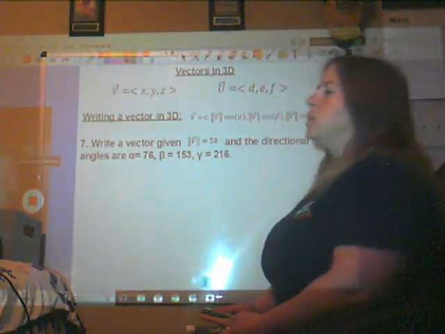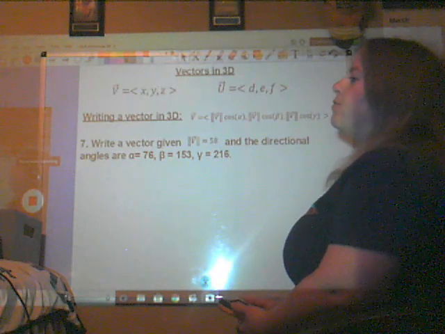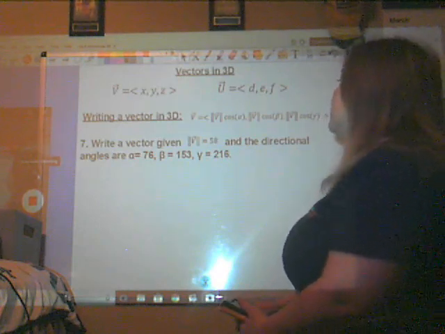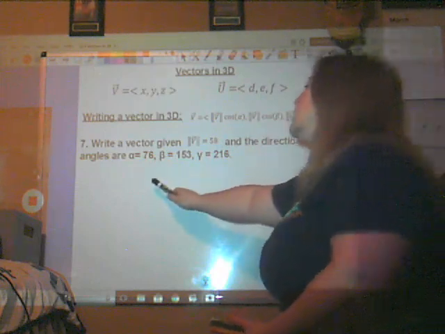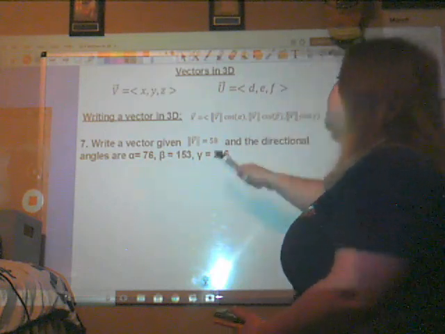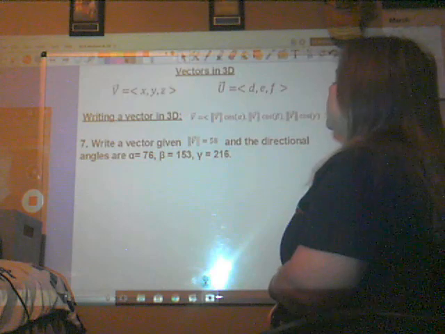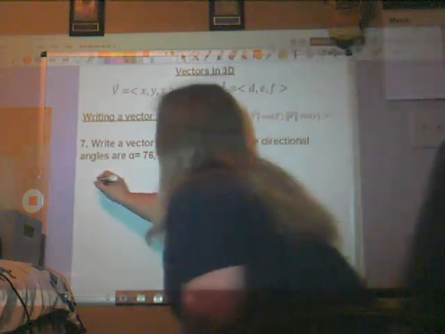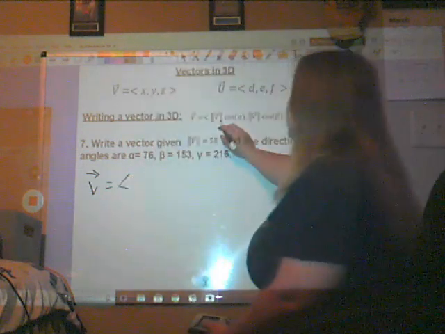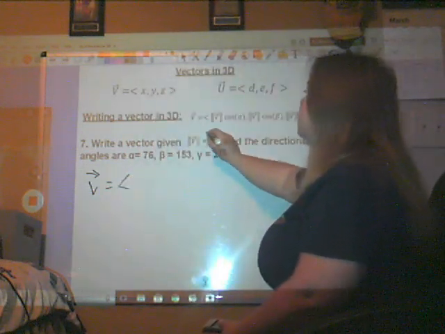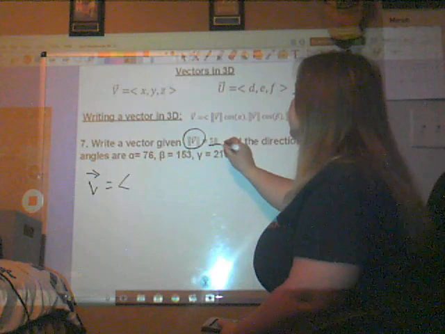Okay, this is our last one. This one we're going to be writing a vector in 3D. So this one we are given the magnitude is 58 and we're given the directional angles are 76, 153, and 216. So we just plug them into our formulas. So our vector v is going to equal the magnitude of v, which we know is 58.